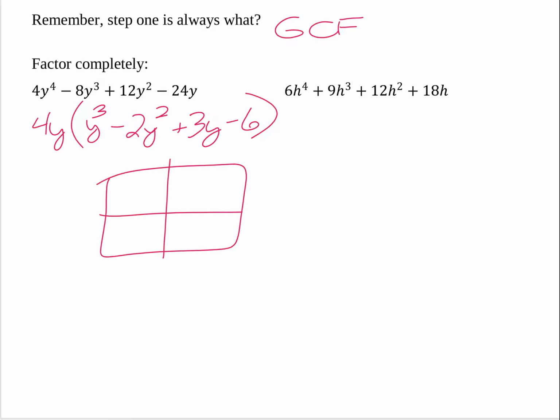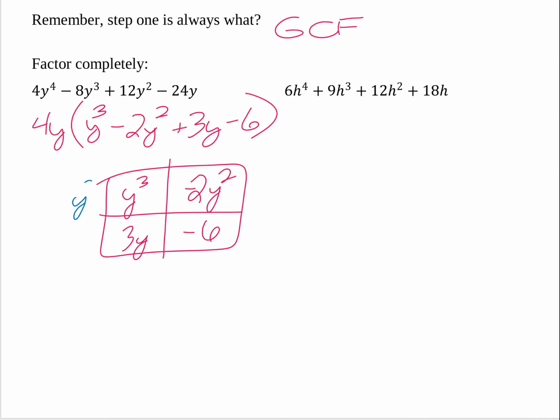In the box is what? y cubed, and then minus 2y squared, negative 2y squared here, and then 3y here, and then negative 6. Okay, so we're ready to factor out the GCFs for the rows and columns. What do we got for the top row? y squared.